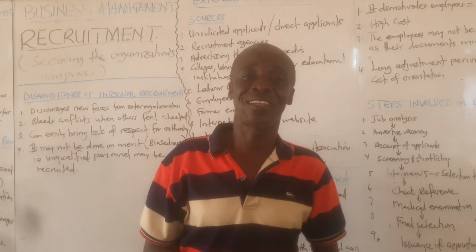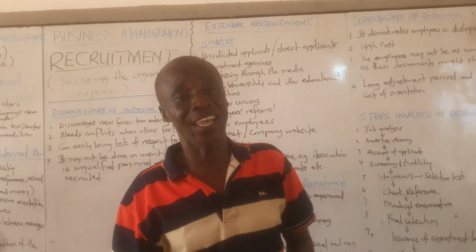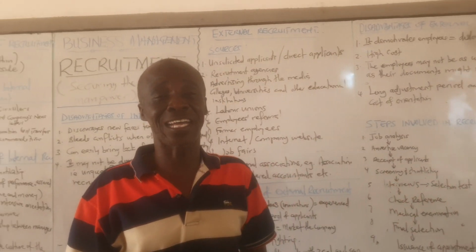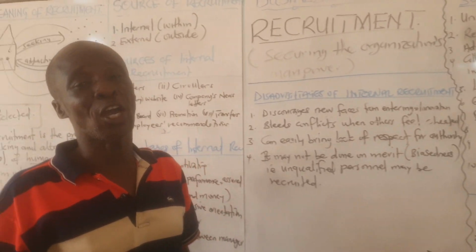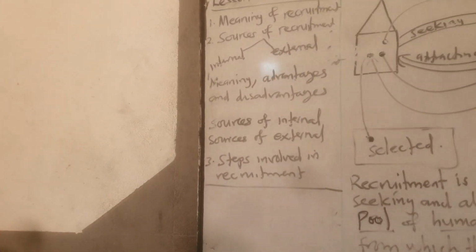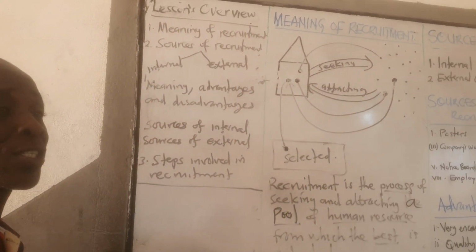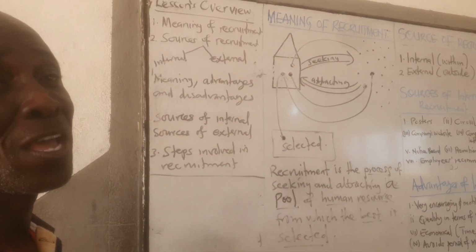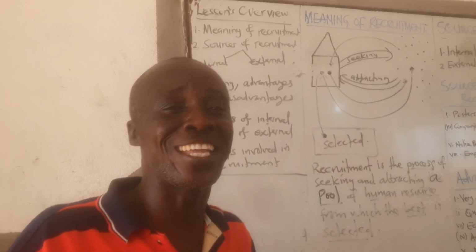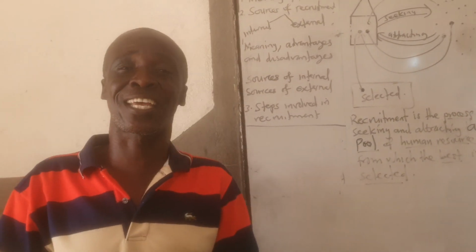Ladies and gentlemen, that brings us to the end of today's lesson. Today, we were looking at recruitment. We talked about the meaning of recruitment. We looked at the sources of recruitment. There are 2 main sources, internal and external. Then we looked at the sources of the internal source, sources of the external source.